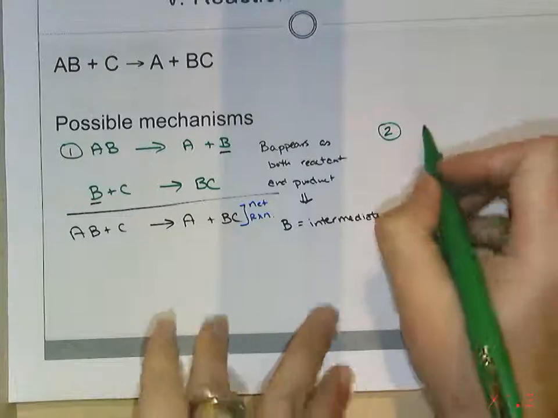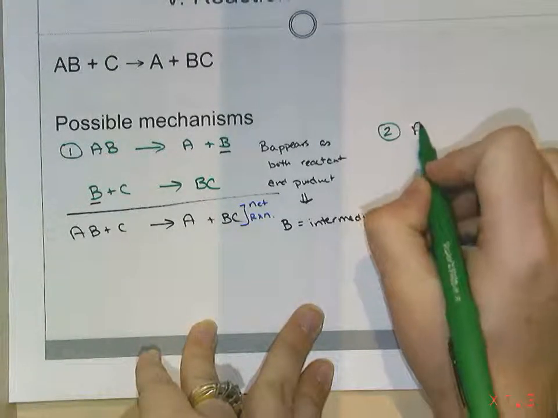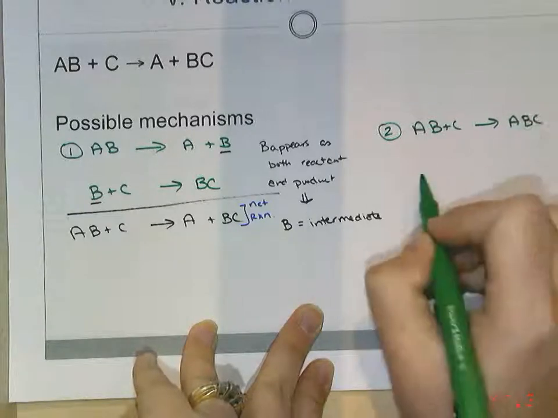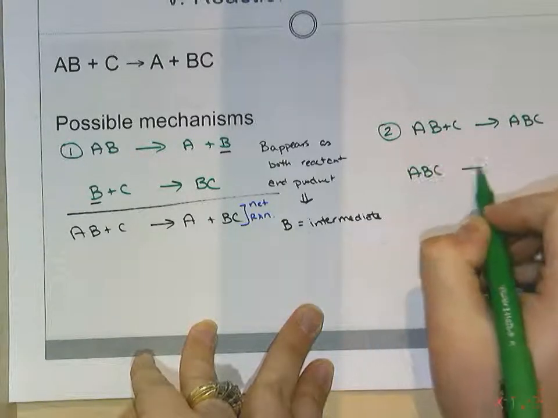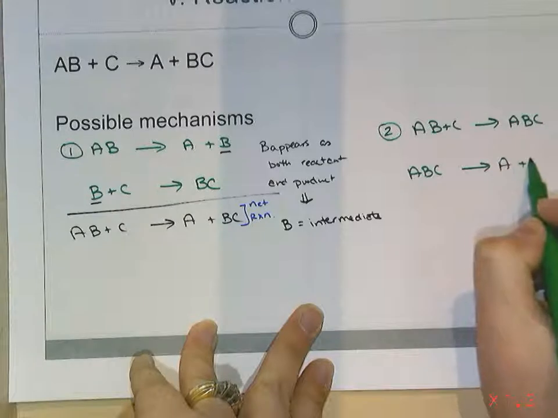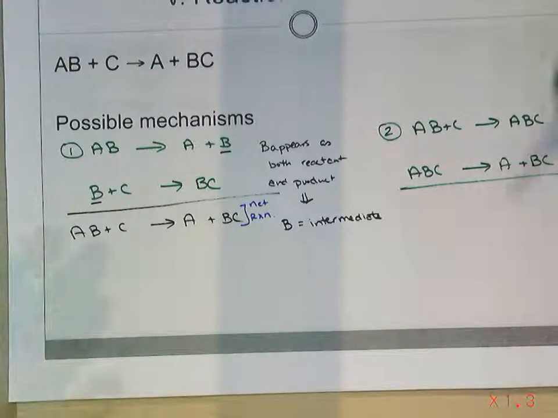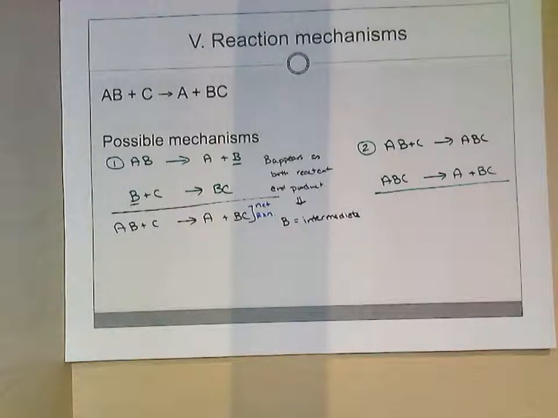Another choice could be something like this. What if I did this? Let's say I had that as my reaction. In this case, what is considered the intermediate?